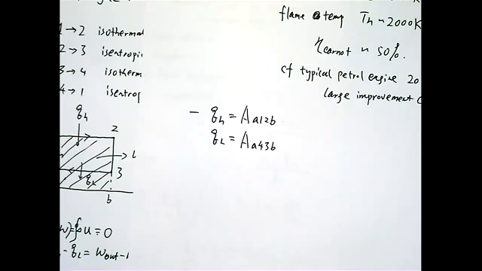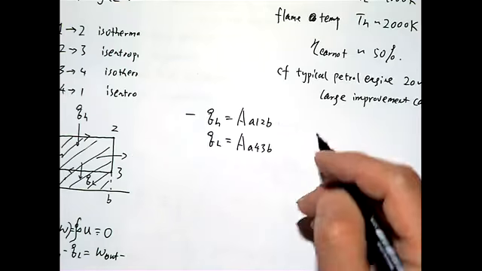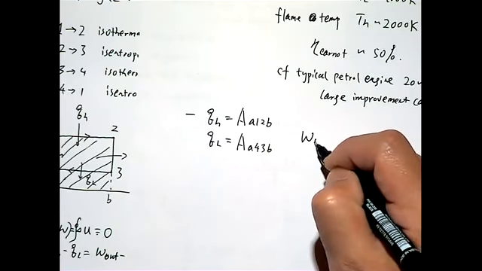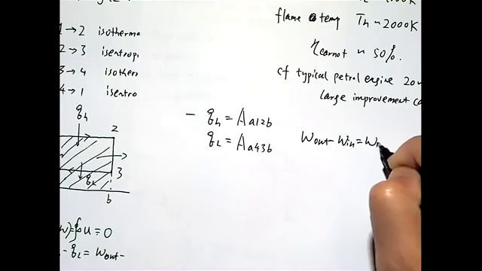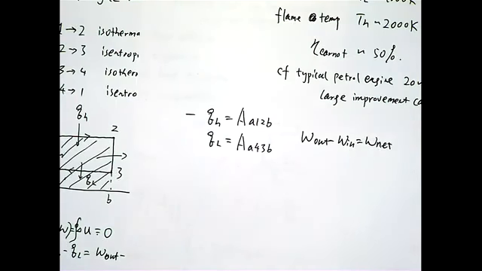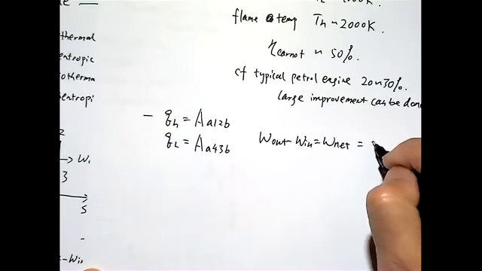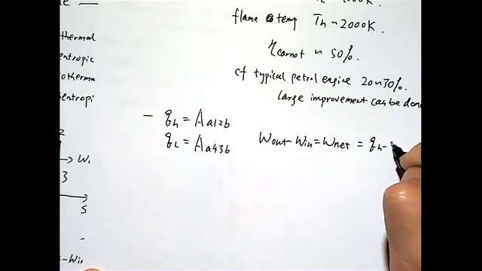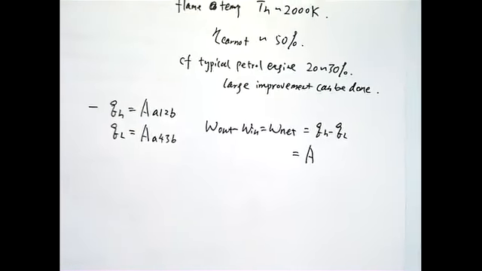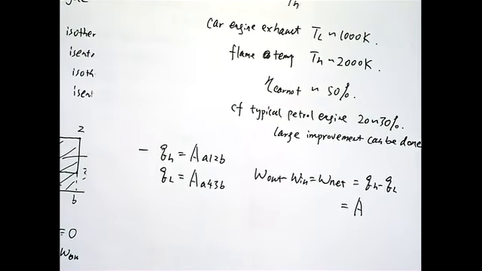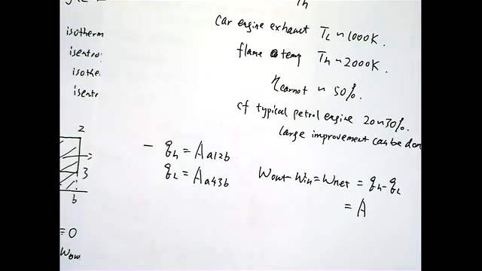The difference between these two? Yes. So minus W in should equal the net work, which equals QH minus QL, which is the area enclosed by this box, the area of 1, 2, 3, and 4.